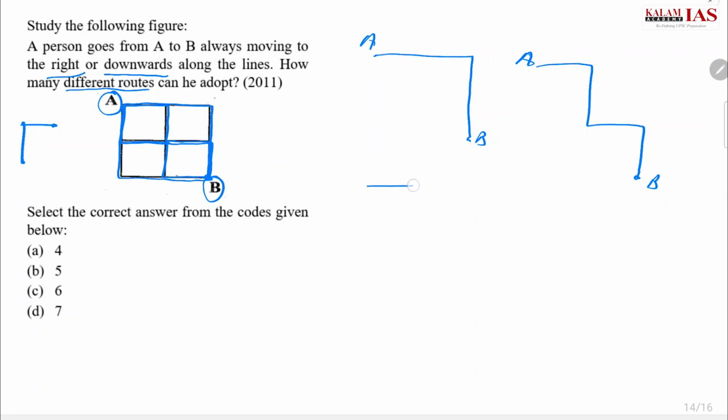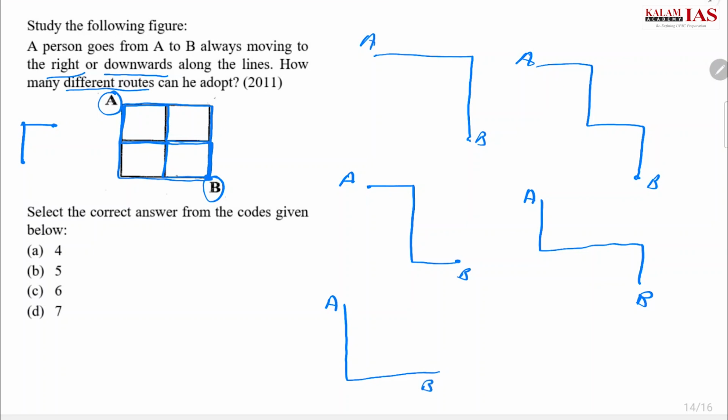Third is going like this. This also is a method. Fourth is going like this. This is the fourth method. Fifth is straight away going south, and this is the fifth method. Sixth method can be this.